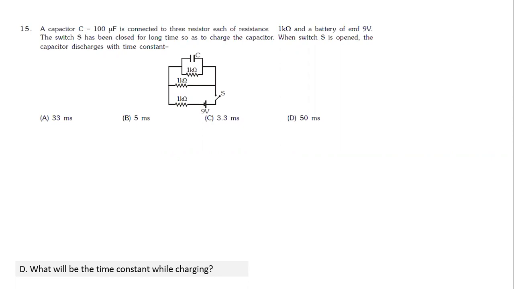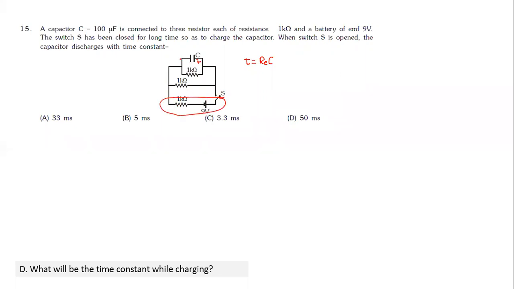So this question is asking what the time constant is when the switch is open after it has been charged. So this had some positive charge and let's start the flow. What was the time constant? How do you find the time constant here? The time constant will be equal to, so when this switch is open, this is not part of the circuit anyway.